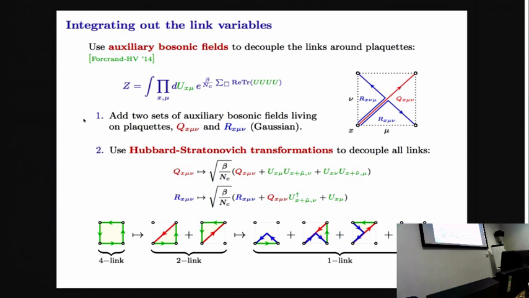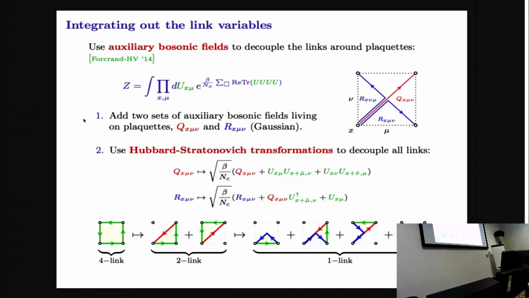And this trade-off is to introduce some complex variables, or complex matrices in the case of SU(N). You introduce some extra variables and you integrate out U. We do this by doing some Hubbard-Stratonovich transformations that split this product of 4 variables into 2.